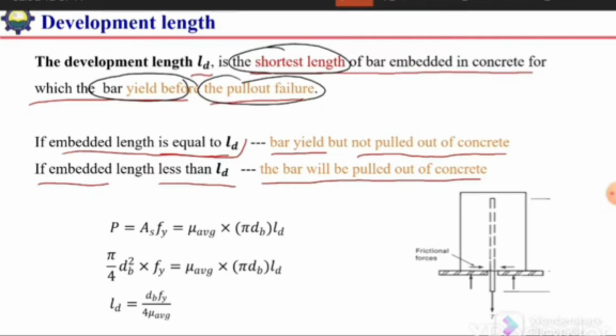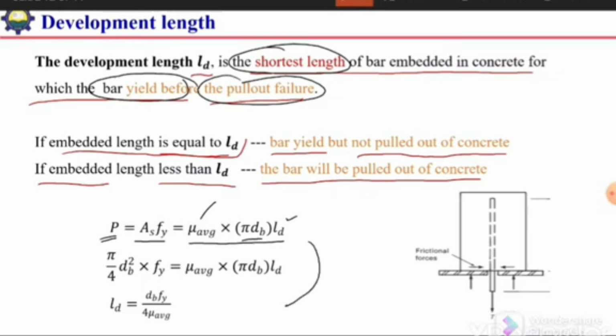Okay. So for the ideal design, as we said earlier, the load will be equal to AS Fy, the yield strength of the bar times the area of the bar, and the resistive load will be equal to the average bond stress multiplied by the surface area of the bar. Here the surface area of the bar will be equal to the perimeter of the bar times the development length.